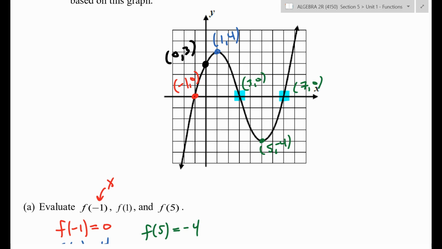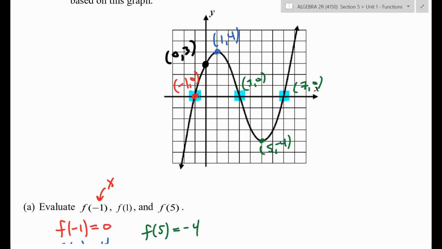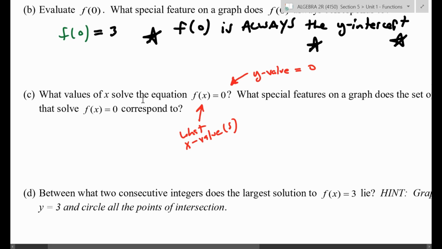And didn't we already write one down right here? So can we all agree that f of x equals 0 at -1, 3, and 7? Okay. So f of x equals 0 when x equals -1, 3, and 7.